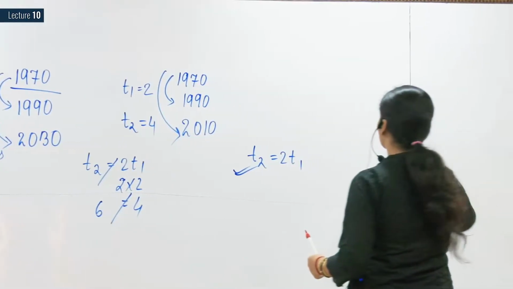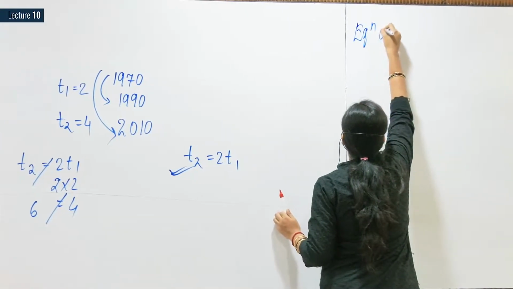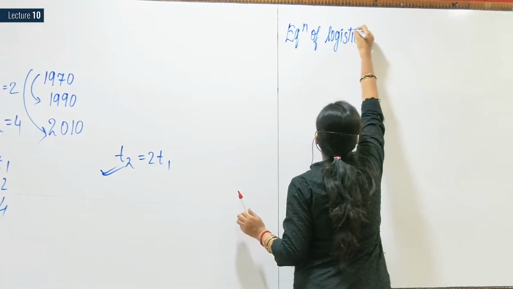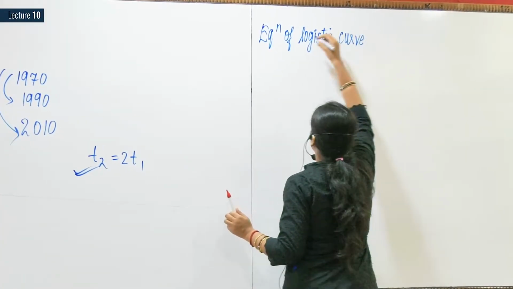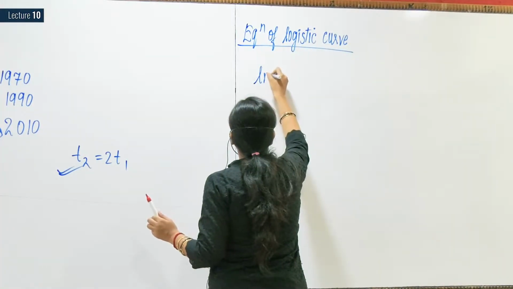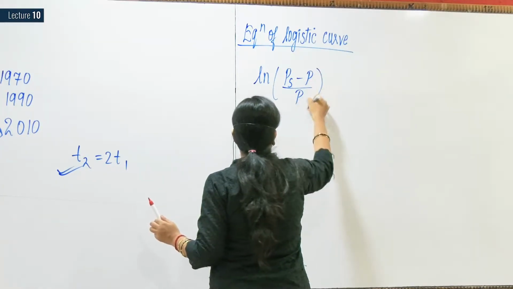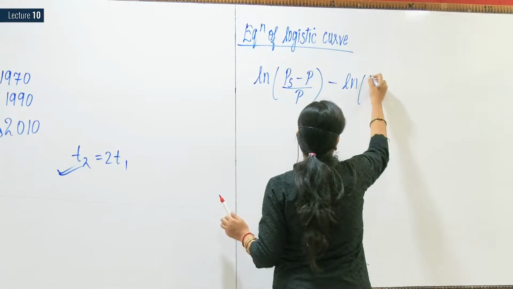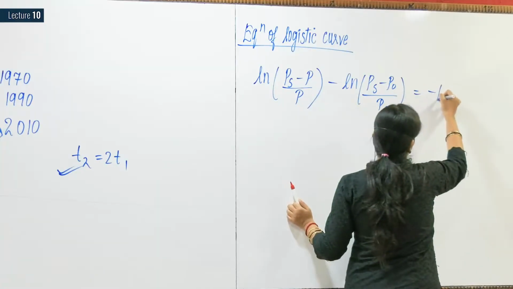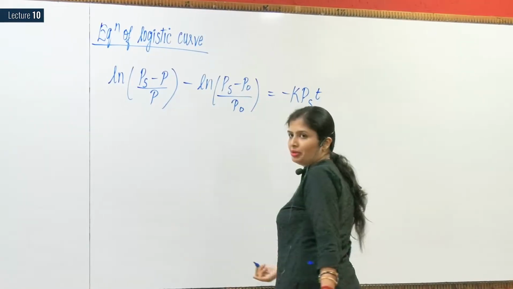So now, the equation of logistic curve. It is given by minus log (PS minus P) upon P minus log (PS minus P0) upon P0 equals minus K PS T. This K is a constant which depends upon P0, P1, P2.